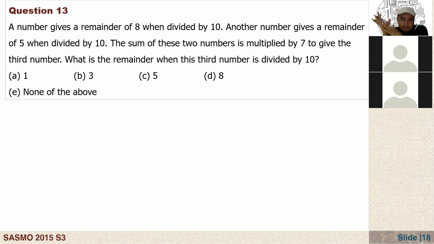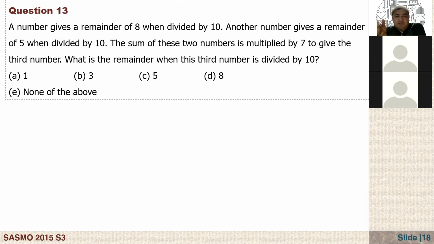What is the remainder when this third number is divided by 10? Okay. Can you do this in 10 seconds, Javid? I don't know. Did you understand the question? Yes. Last time we did a similar one, right? Narmin, do you remember? Yes.